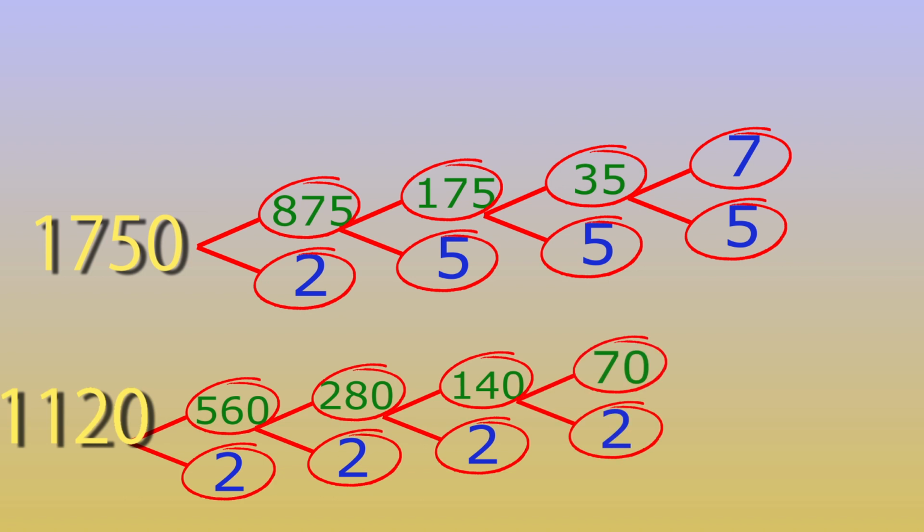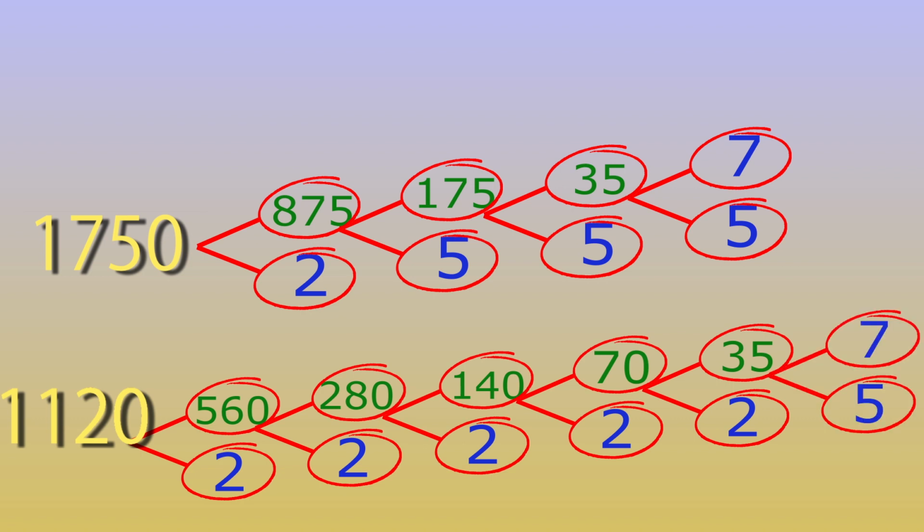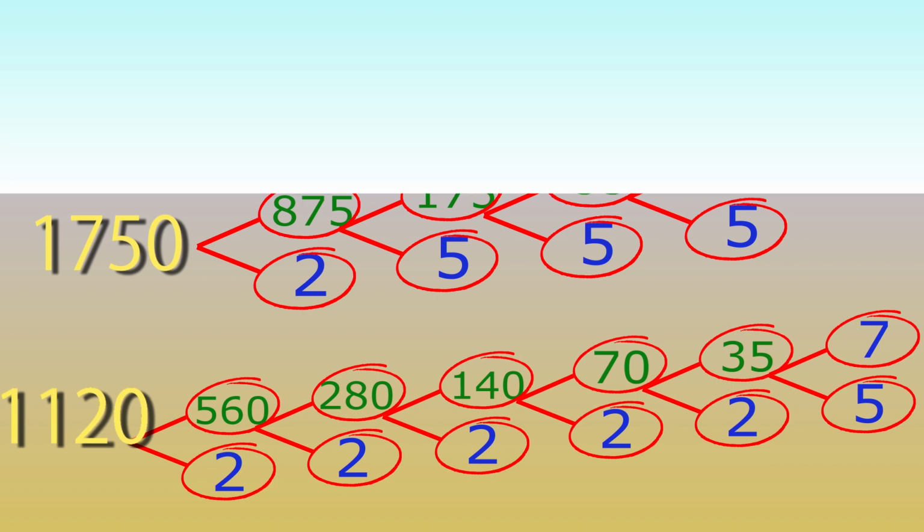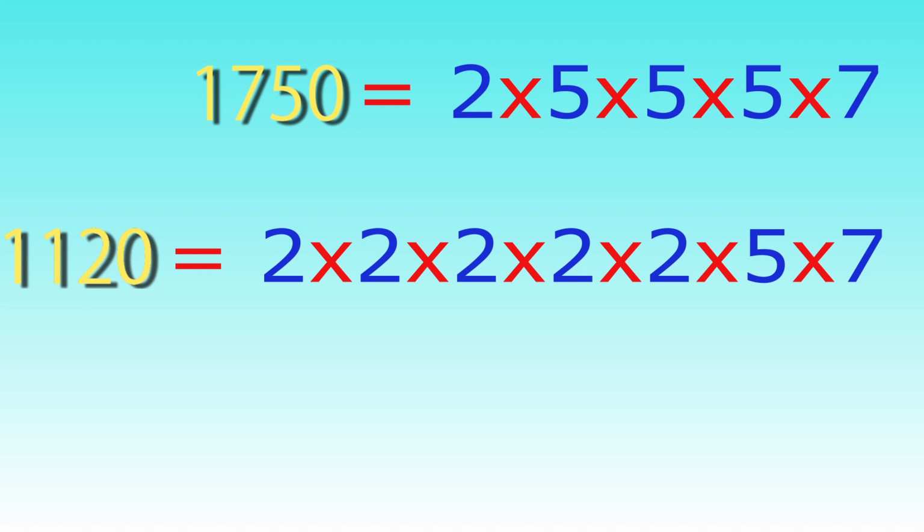We can divide by 2 again to get 70 equals 2 times 35. Now, neither 2 nor 3 go into 35, but 5 does. 35 equals 5 times 7. And now we multiply the resulting prime factors and get 2 times 2 times 2 times 2 times 2 times 5 times 7 equals 1120.